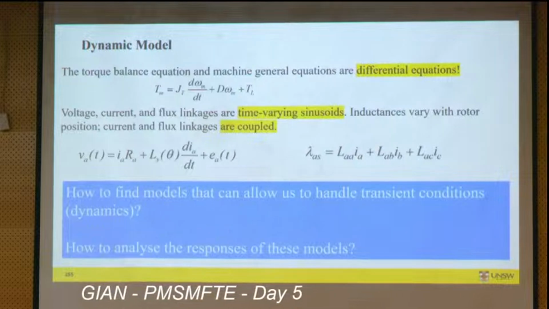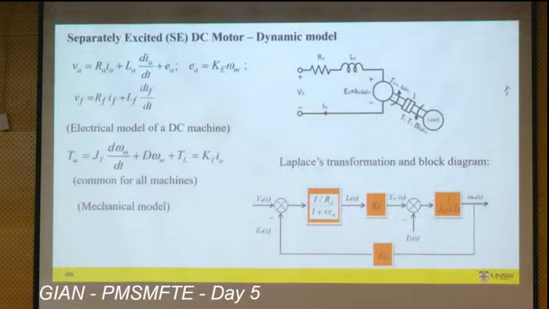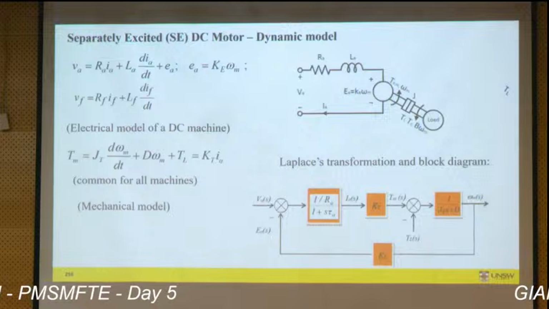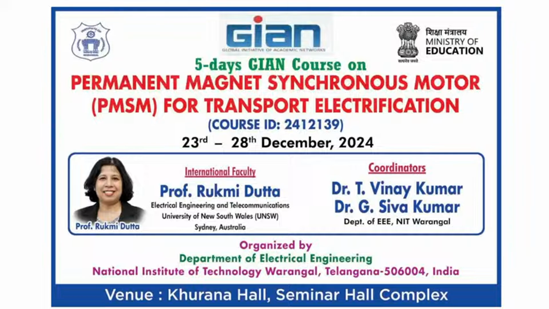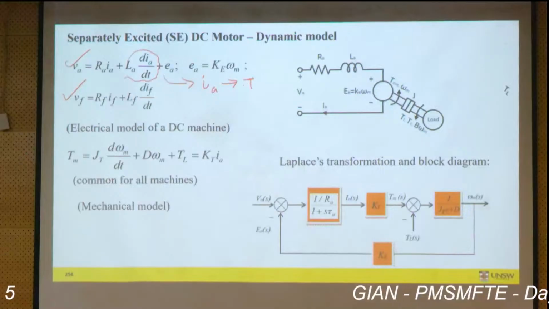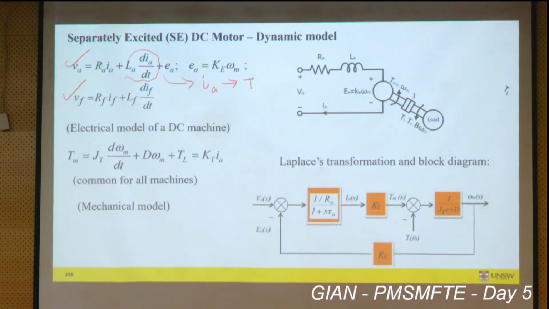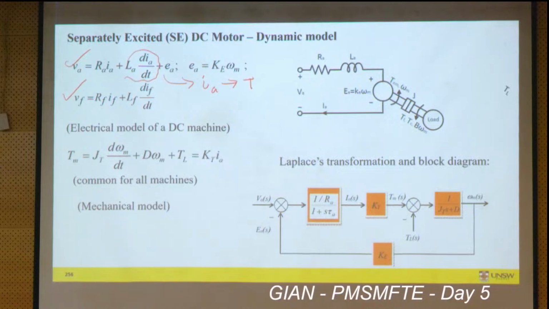It's actually based on our DC motor concept. If we remember, the DC motor has an armature voltage equation. The armature equation gives us the armature current, and torque is proportional to armature current, as most of you know for a DC motor.